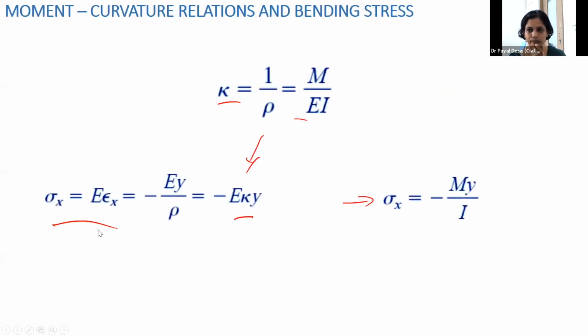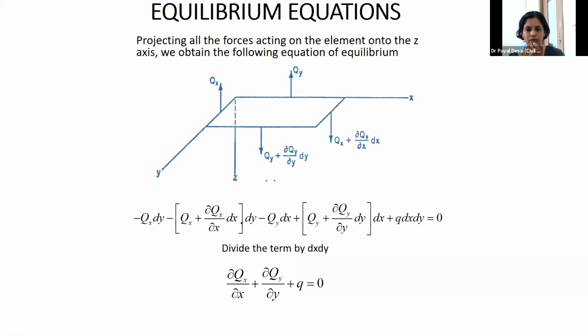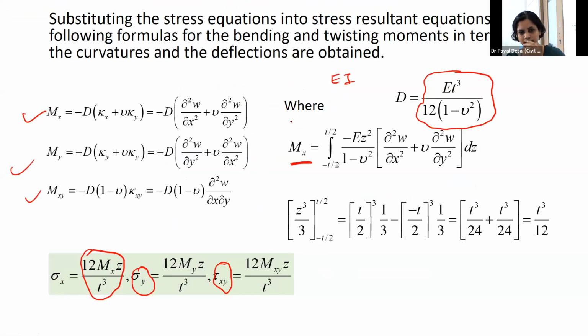Now, the equilibrium equation. It is very easy now, we are able to replace the stresses with stress resultants. I have already calculated stresses for design purposes, but I also need to know the bending moments.